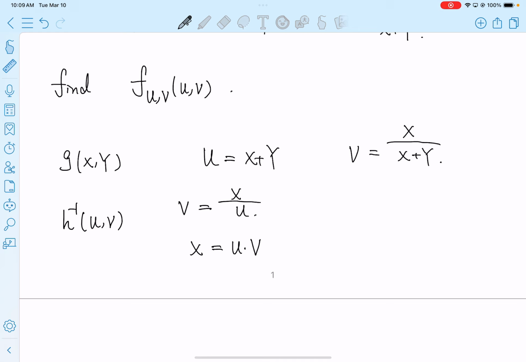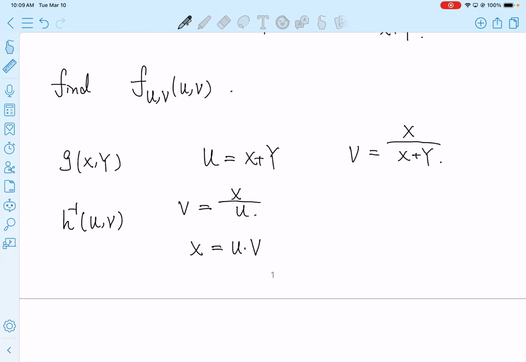Again, u is defined by the sum x plus y, and v is defined by x over the sum. To get the inverse function, which is a function of u and v returning x and y, we make the connection that v is equal to x divided by the sum, but now replaced by u, because u is defined by the sum.